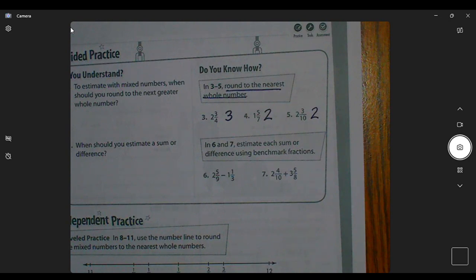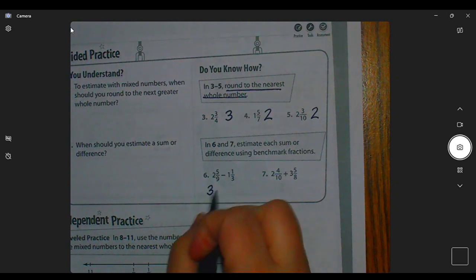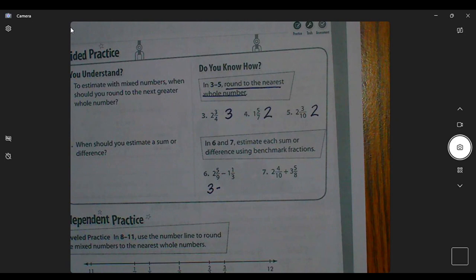So 2 and 5/9, going back to my original question, is it closest to 2 or is it closest to 3? Yeah, it's closest to 3. 1 and 1/3. Let's look at 1/3. Is 1/3 closest to 1, 1/2, or 0?